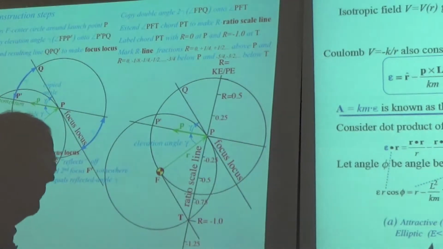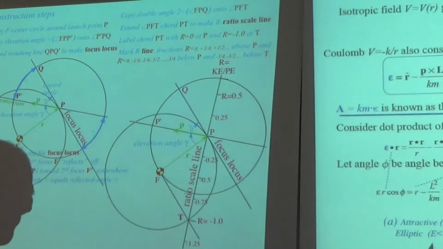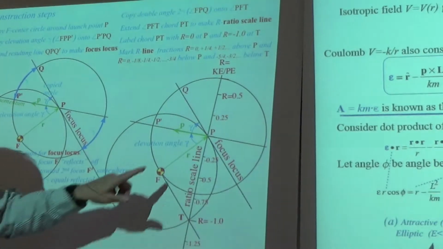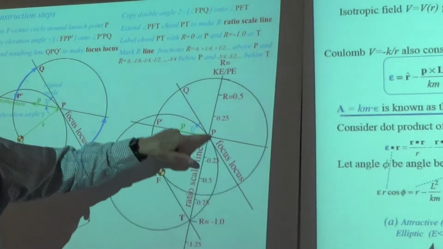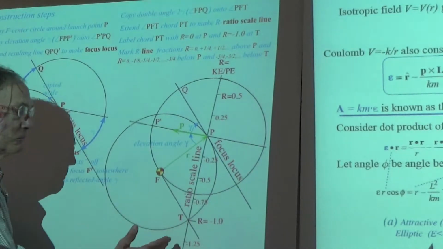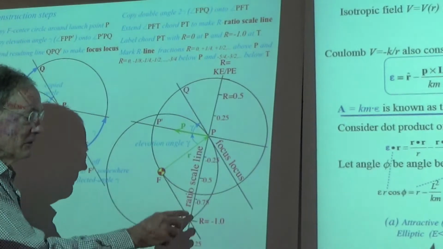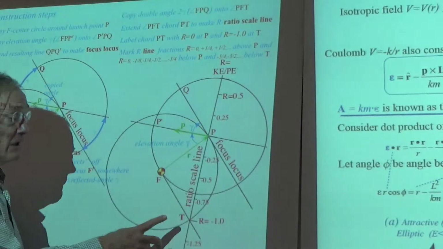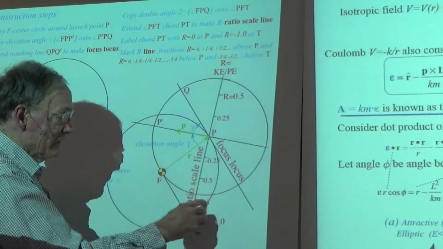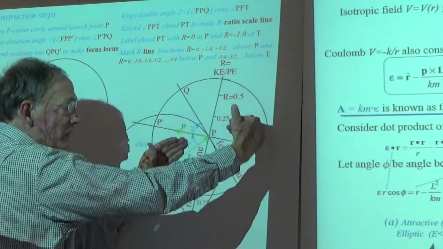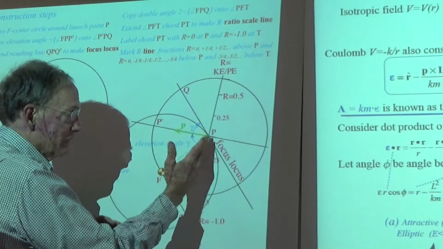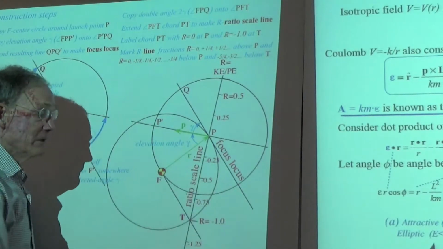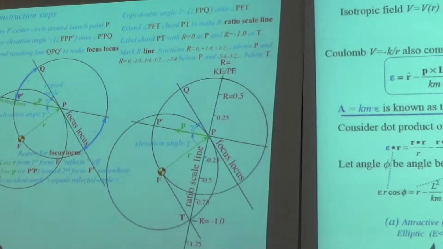That's the idea of why the focus has to be somewhere. And then this ratio scale here, the one that's going to give us the initial KE over the initial PE, that's bisecting that angle of incidence, angle of reflection equality, giving us again a complement to the gamma angle right there. So keep that in mind as we build these constructions.